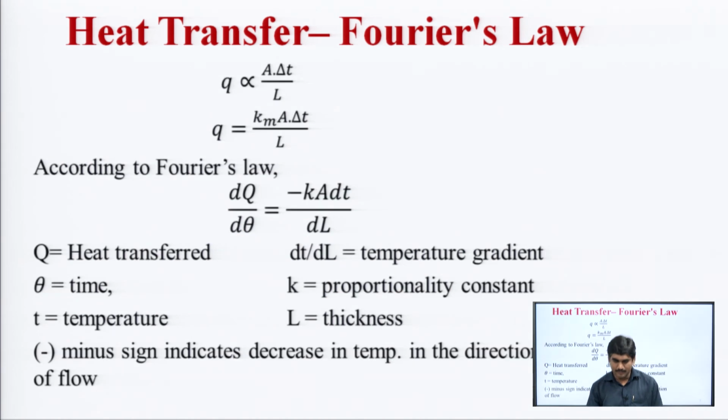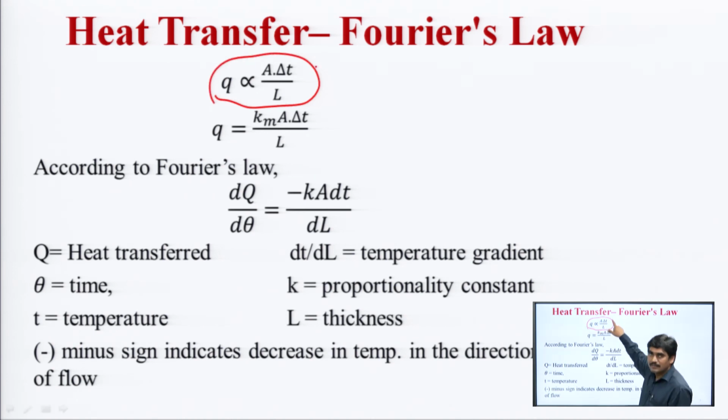Now, let us have a look at the derivation of this law. Q is proportional to area, temperature drop, and inversely proportional to L, that is thickness. Q is equal to K m A delta T upon L, where K m is called the proportionality constant.